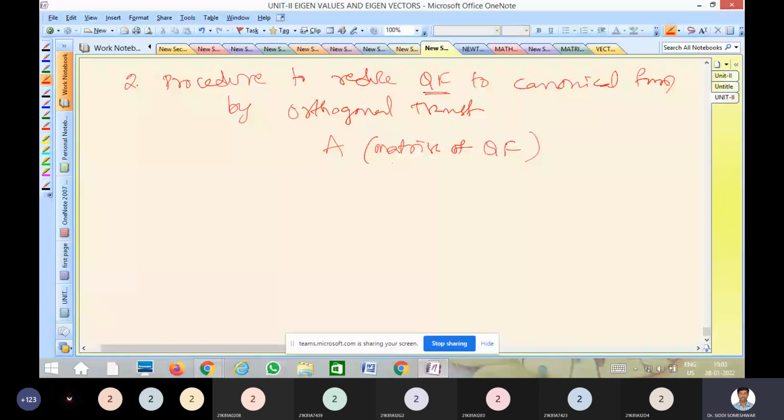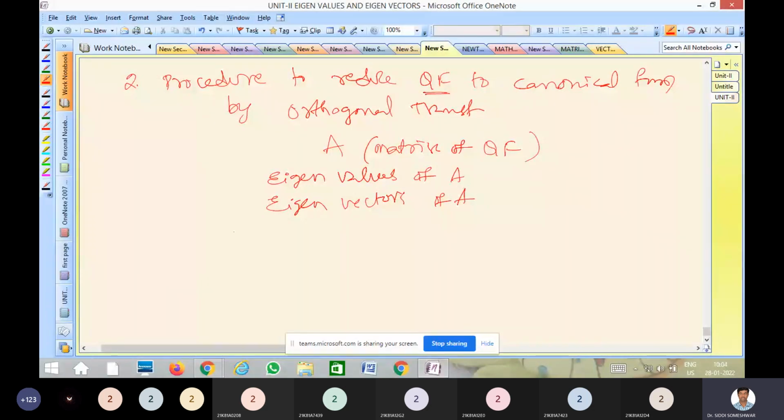Then you find the eigenvalues of capital A, and then the eigenvectors of capital A corresponding to the eigenvalues, such that the eigenvectors are mutually pairwise orthogonal.